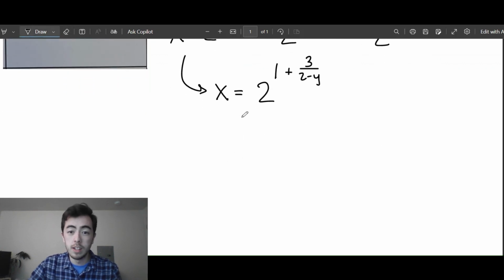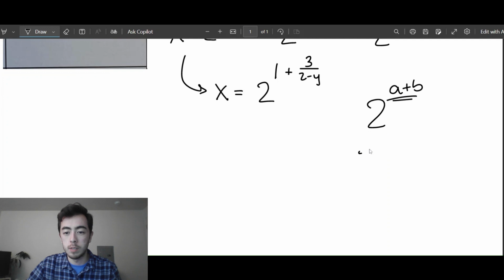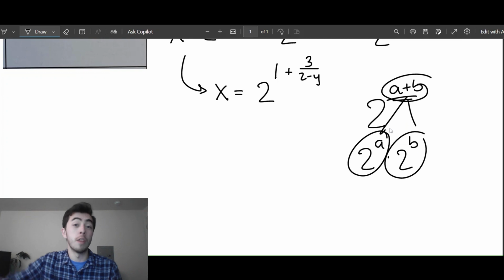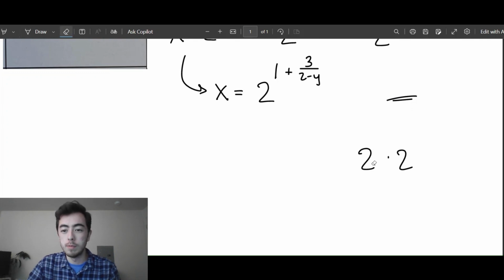And then finally, if I have 2 to the power of two numbers that are added here, I can use an exponent rule where I can split up this sum into two different exponents, because essentially I have some amount of 2's here and then I'm multiplying some other amount of 2's there. So of course I should have a plus b amount of 2's all being multiplied.